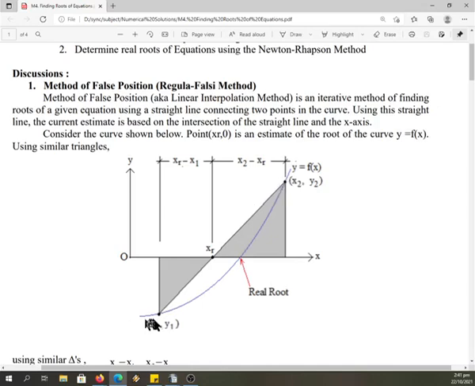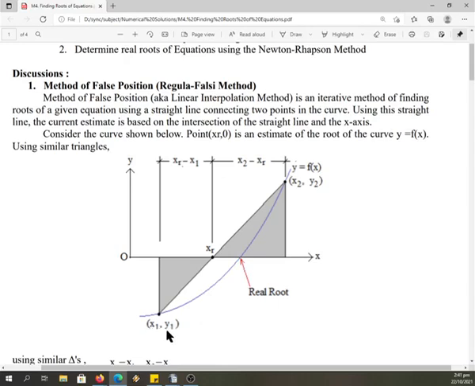Point 1 has coordinates x1, y1, and point 2 has coordinates x2, y2. Take note that we are expressing y as a function of x. Of course, we already know the points P1 and P2.